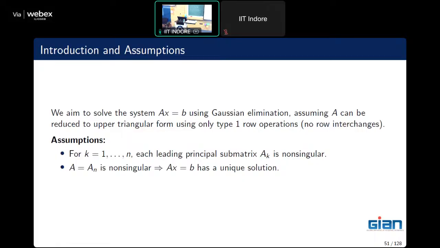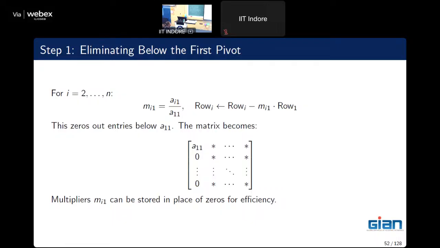So similarly, we can solve AX equal to B using Gaussian elimination. A can be reduced to an upper triangular matrix using only type 1 row operations. What you are doing in Gaussian elimination is taking the pivot elements and dividing by them. If the pivot element is a bigger number, that is fine, but if it is very small, near 0, then there will be a problem.